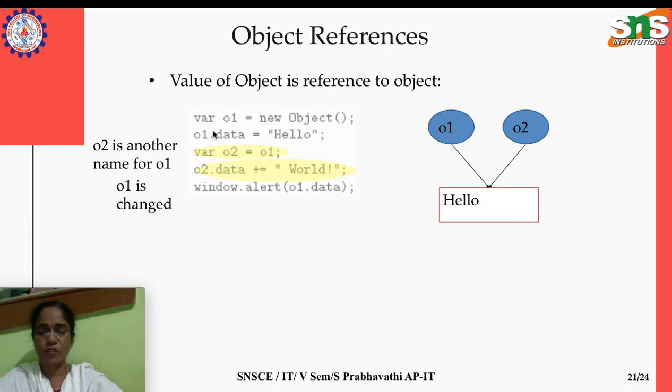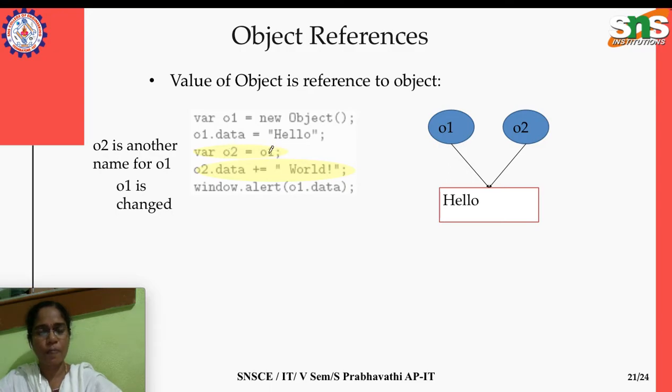Here you are having the object o1 and having the property o1 dot data as hello, and in this third line, o1 we are assigning into o2. Okay, you are declaring a variable o2 whose value you are referring as o1.